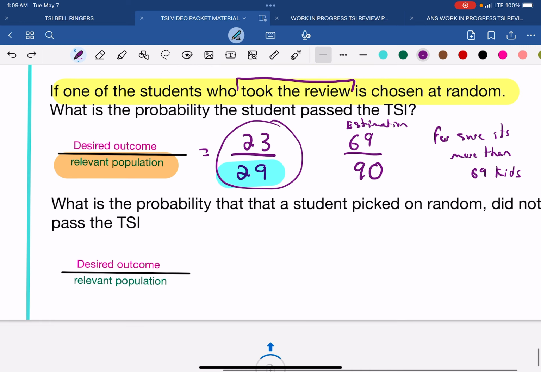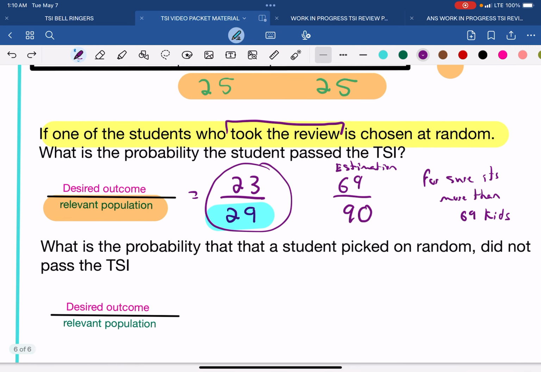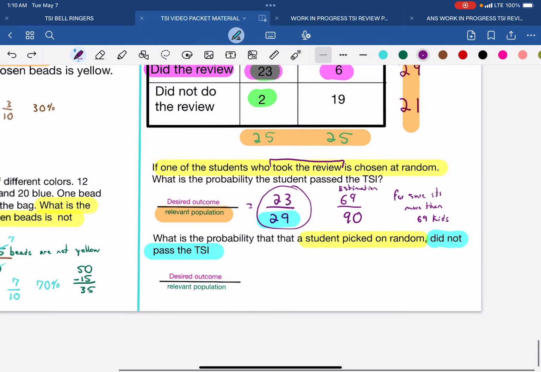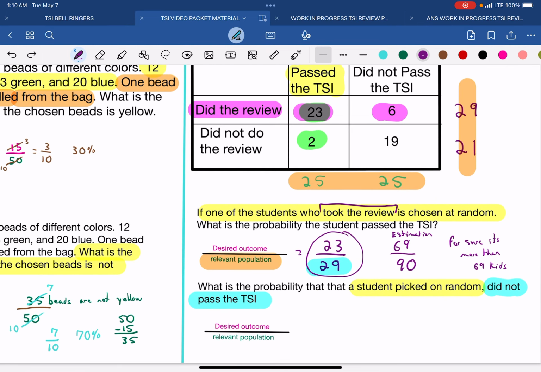All right. Next question. What is the probability that the student picked at random did not pass the TSI? Let's look at that situation again. So we already know did not pass the TSI.